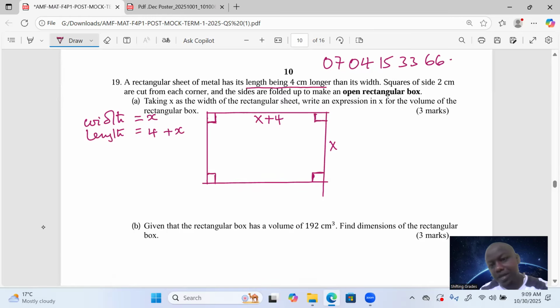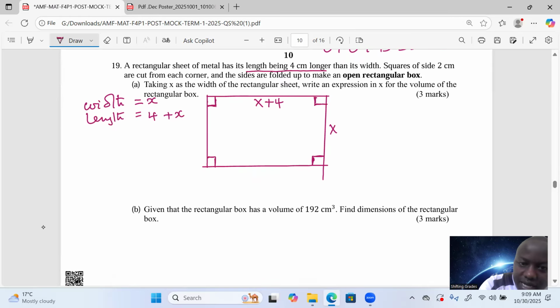Along the width, we shall cut a total of 2 here and a 2 here, making us cut 4. So the new width is x less 4.